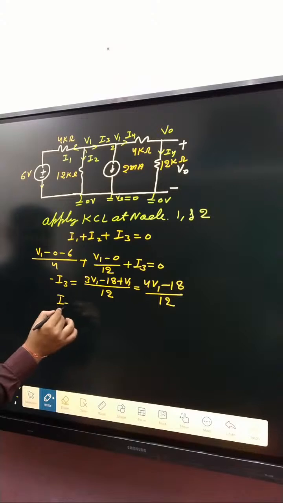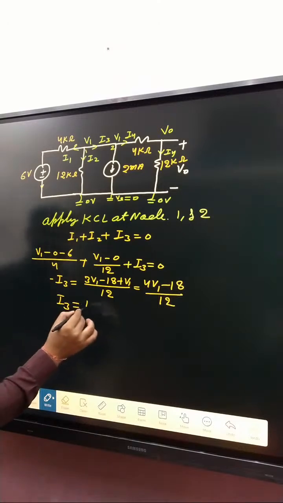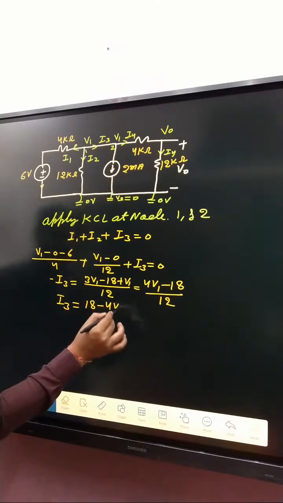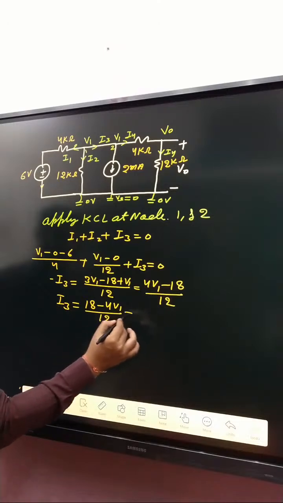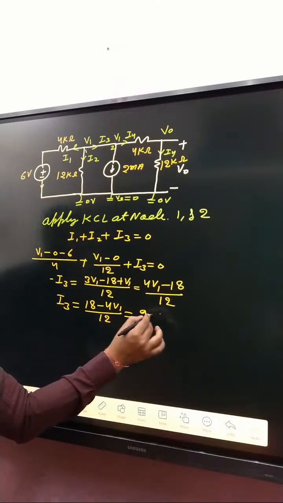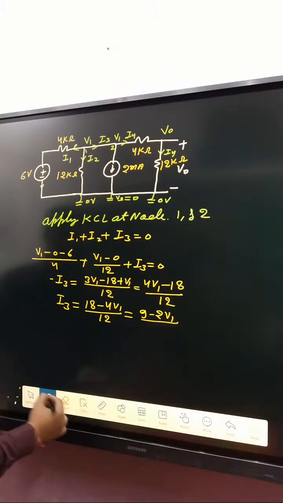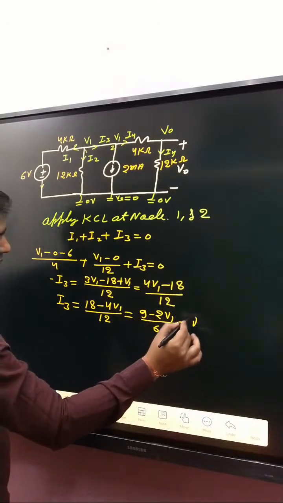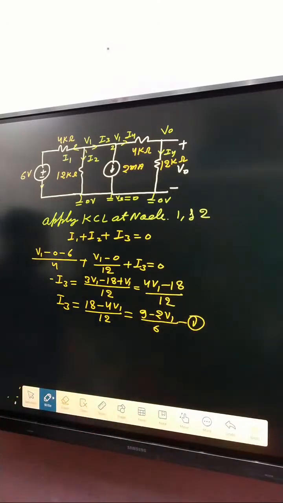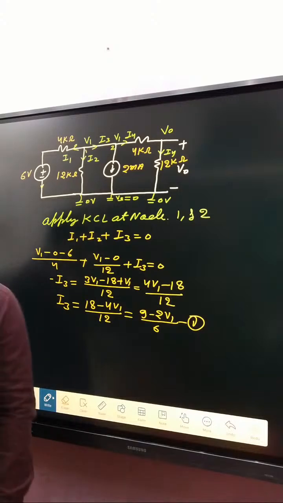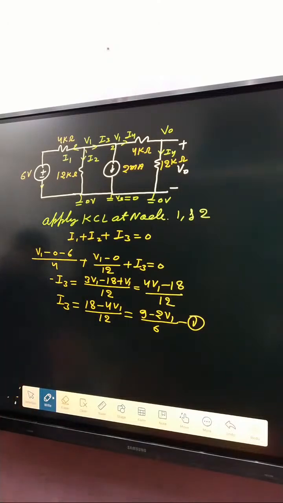So I3 is basically 18 minus 4V1 divided by 12, so 9 minus 2V1 divided by 6. Equation number 1.